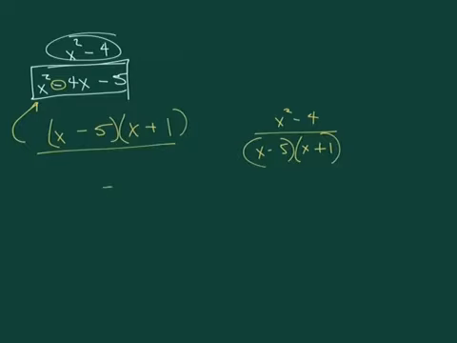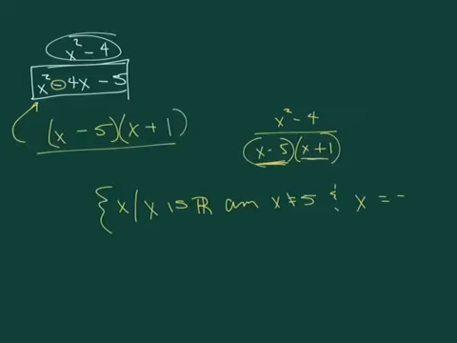Well, the domain is x such that x is a real number, and x is not equal to, what would make that 0? 5. And x is not equal to, what makes this 0? Negative 1.